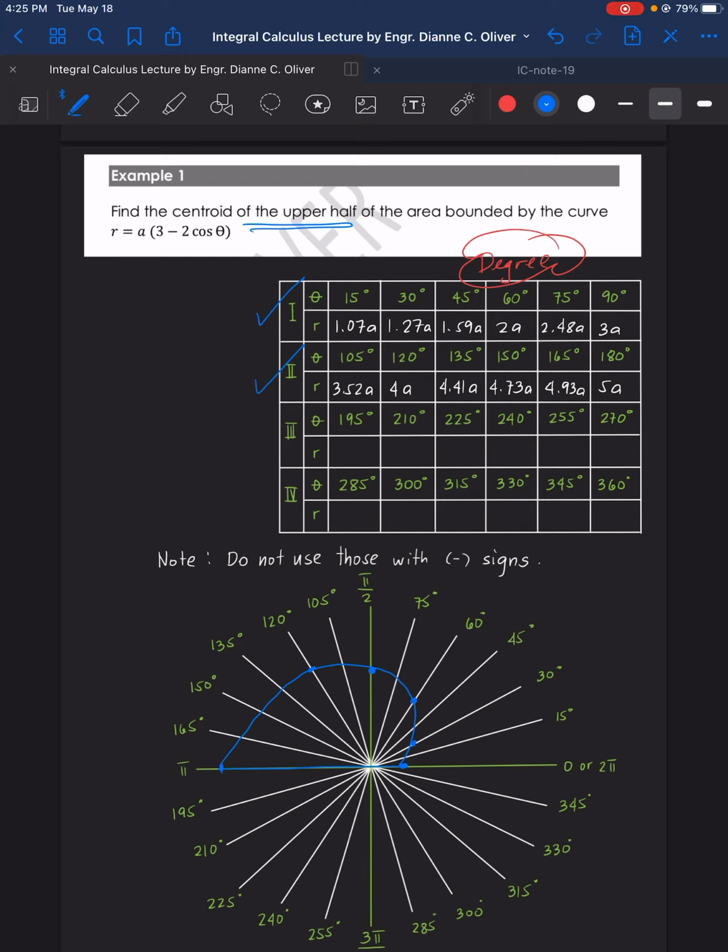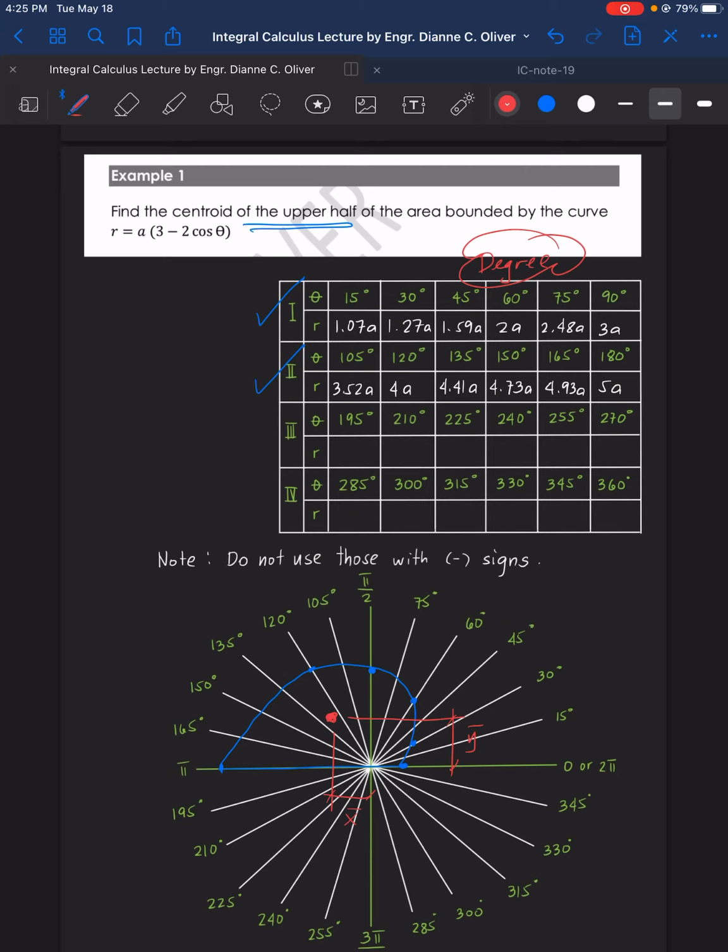So if this is the area that we are considering, the upper half, we might assume that the centroid is located around here. So we are looking for the value of y bar and the value of x bar.